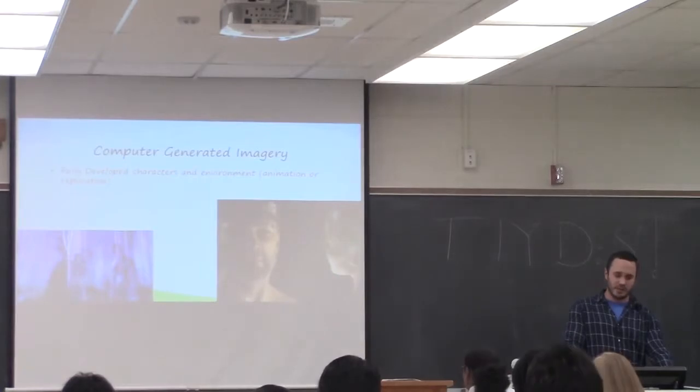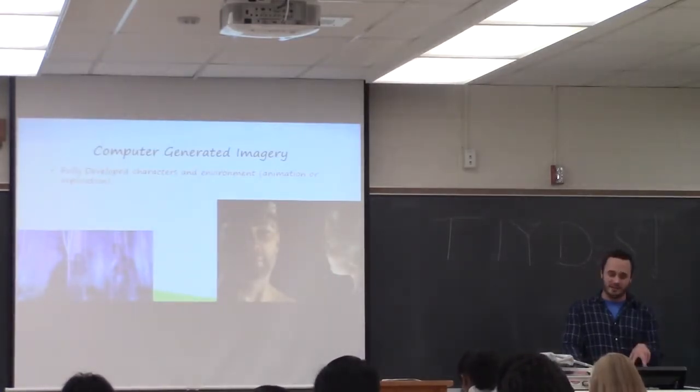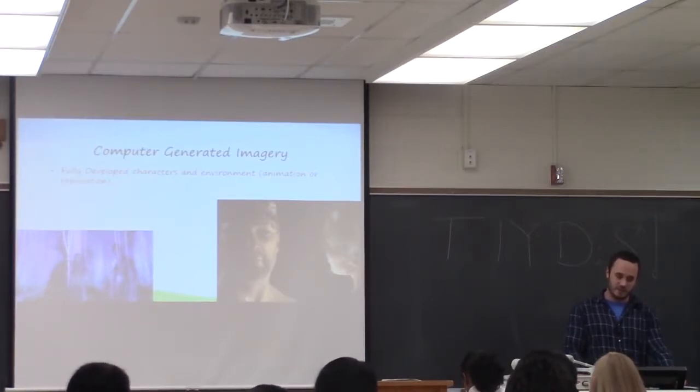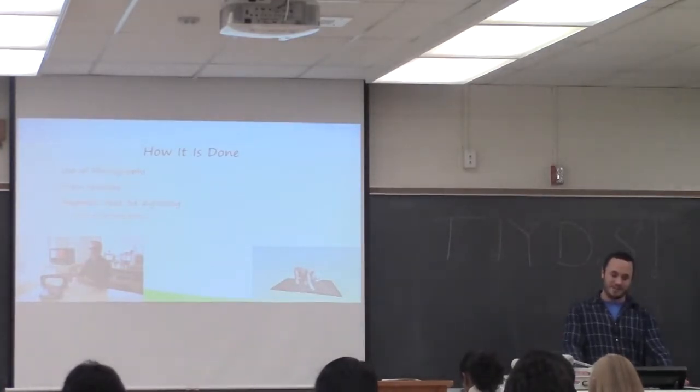Fully developed characters and environments. These are movies that actually starred actors as CGI characters, so they use their motion control on them, but basically it's animation or replication of those actors. Well, they use photographs, cross-sections, magnetic 3D digitizing, which is the thing I found the most interesting.